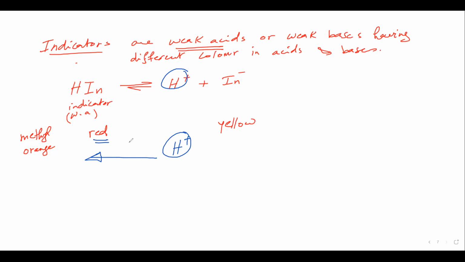And that's why when we place methyl orange in an acid, it turns red. We have an acid, you place the indicator in, and the indicator itself has an H positive, which means that now the amount of H positive is high, so the equilibrium will shift to the left-hand side towards the red color. That's why methyl orange appears red.